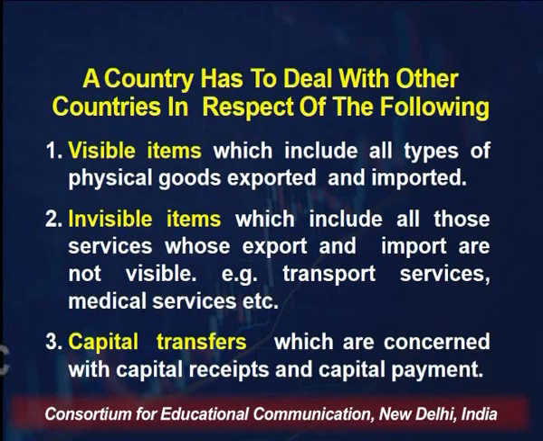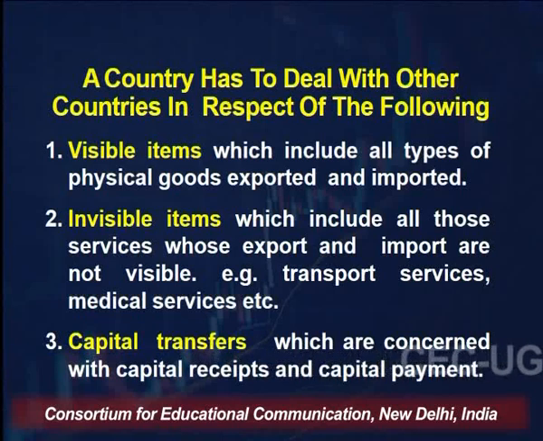A country has to deal with other countries in respect of many activities, for example visible items, which include all types of physical goods exported and imported. Invisible items include all those services whose exports and imports are not visible, for example transport services, medical services, insurance services, banking services and so on.